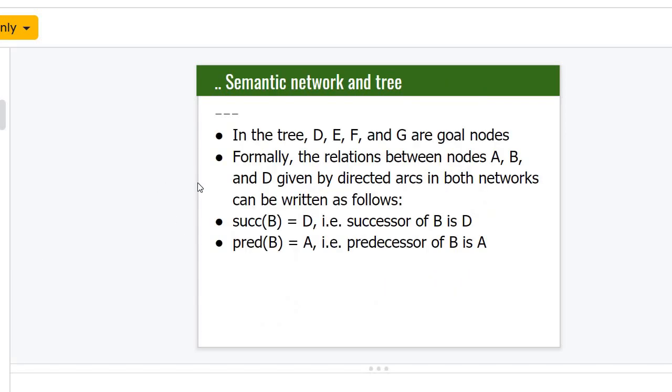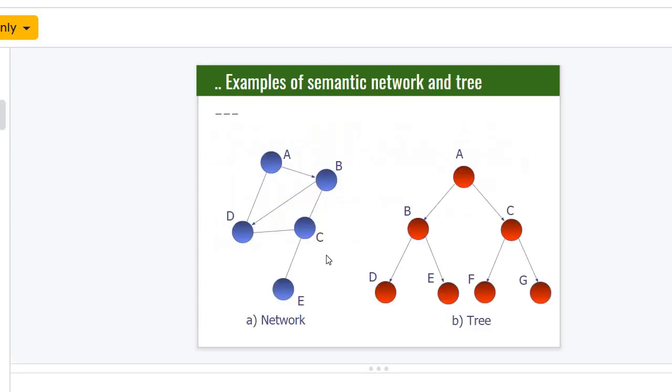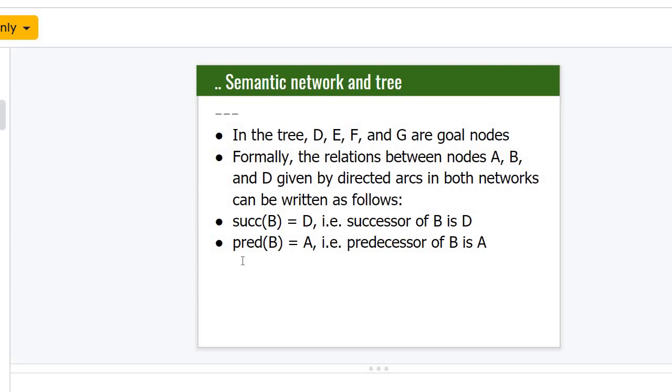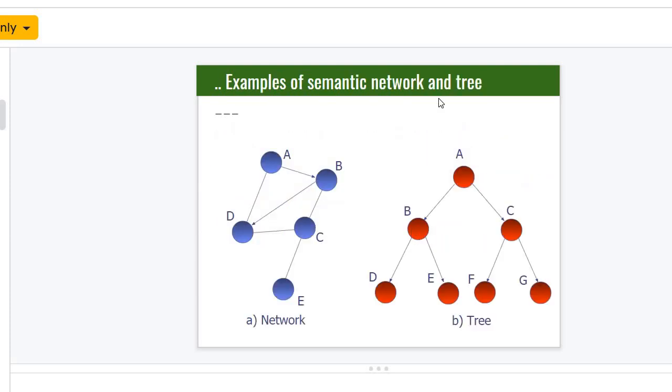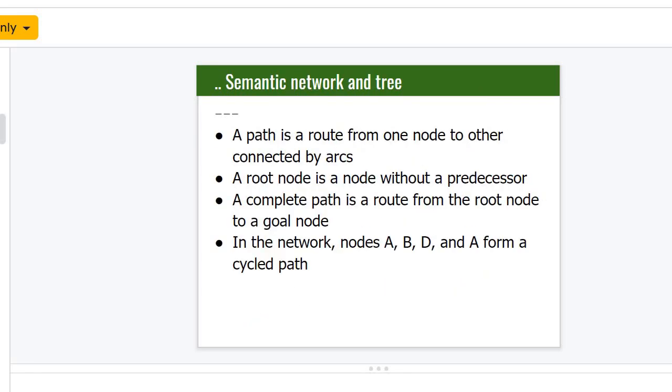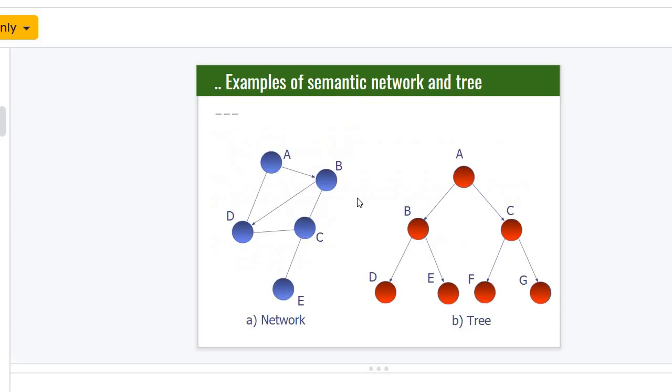This is the example they have given: the successor of B is D, and the predecessor of B is A. Then we talk about the path. The path is basically this one.